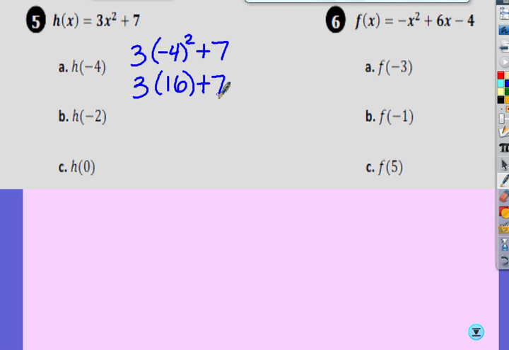You need to multiply 3 times 16 to give you 48. And then add 7. When you add 7, you will get 55. Therefore, h of negative 4 equals 55.